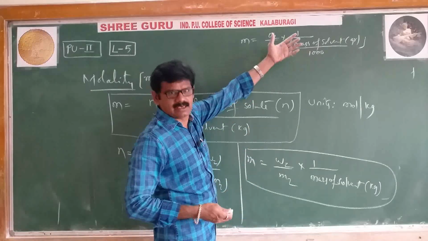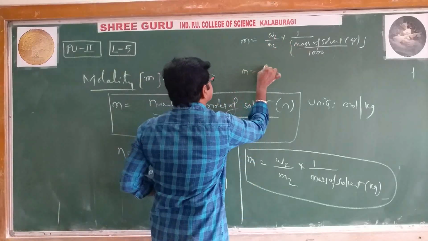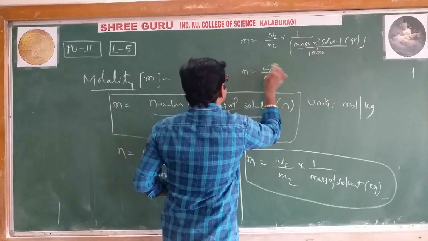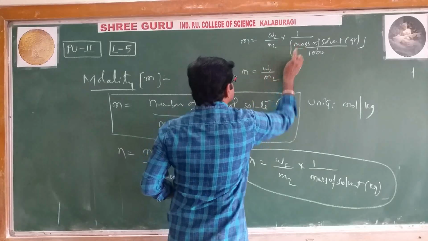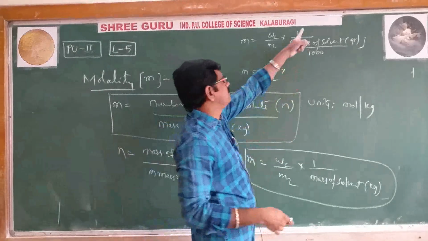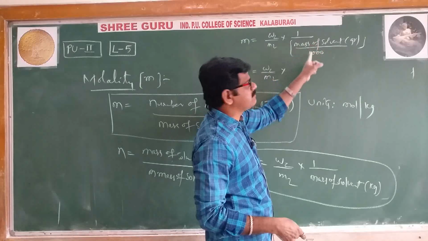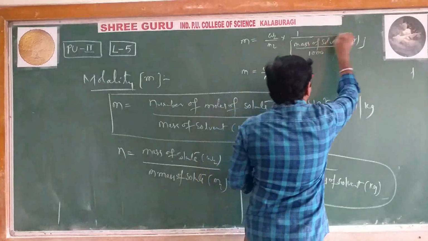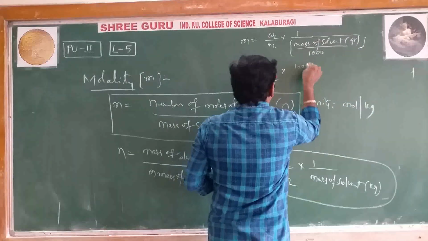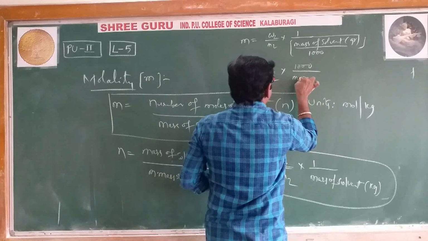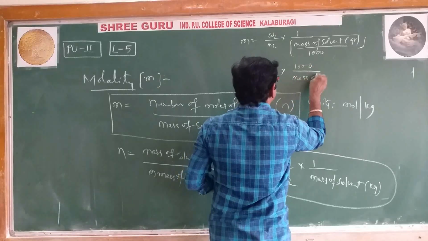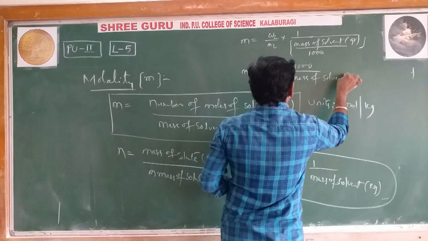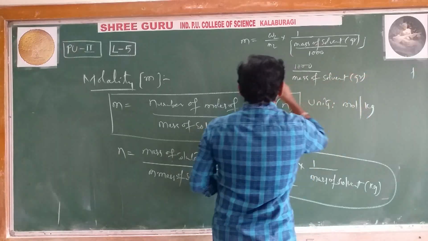Therefore we expand it like W2 by M2 into 1 by 1000. 1 by 1000 means 1000 will come in the numerator. Therefore, we write 1000 divided by mass of solvent in grams. That's it.